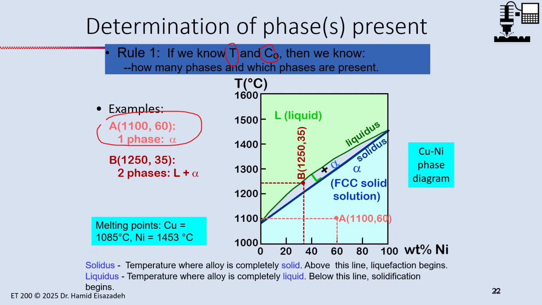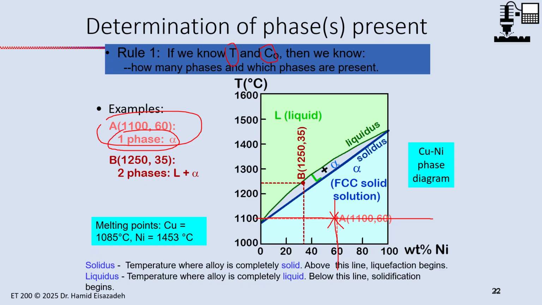We can draw a horizontal line, and then it says 60% nickel. So we plot a vertical line, and these two lines cross at this point. That is the point of interest. At that point, it's in this area, and this area is the solid area. So we have only one phase, right?